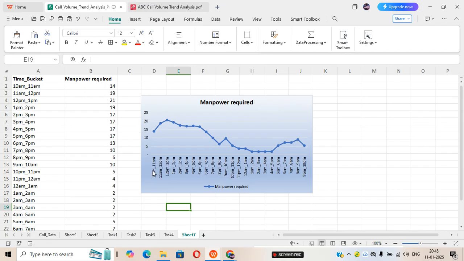This is time buckets in the x-axis and manpower values as a line with markers, line chart. Created it using a line chart. This is the task I have done. Thank you.